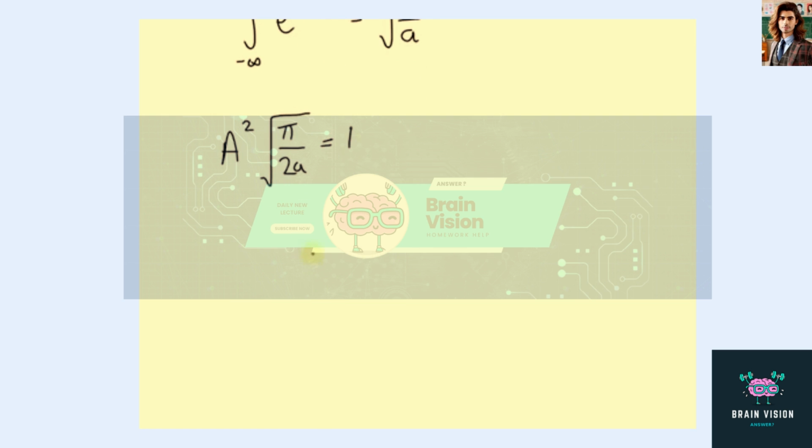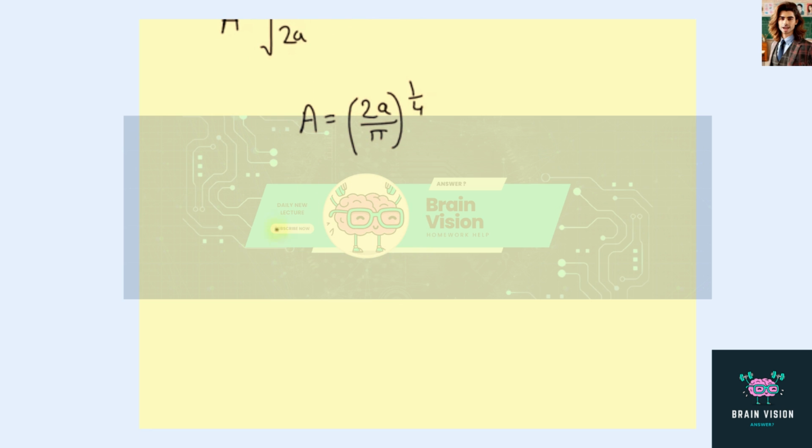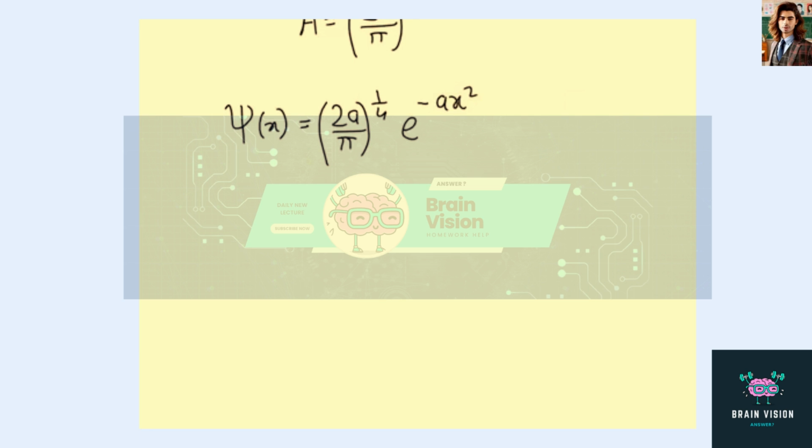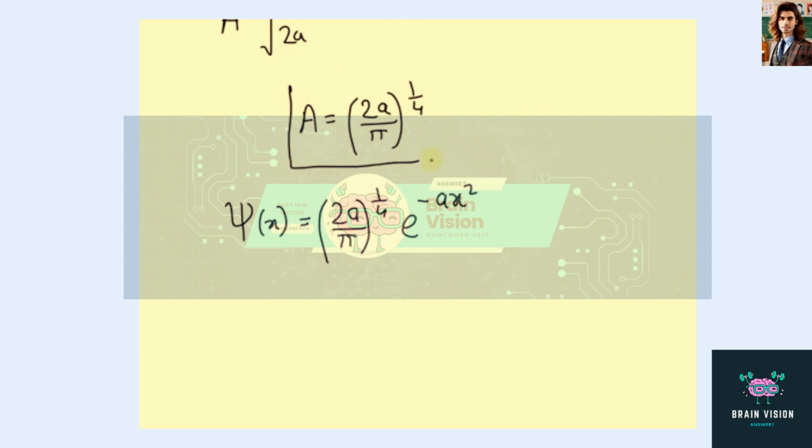From here a will be equal to (2a by pi) raised to 1 by 4. Now plugging this normalization constant into our wave function, the wave function turns out to be (2a by pi) raised to 1 by 4 times e raised to minus a x square. So this is the a which we calculated, and this is the wave function after normalization.